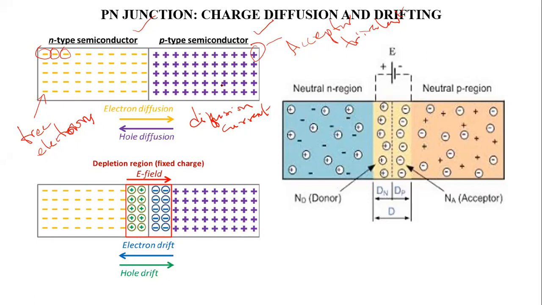Earlier, I very often talked about thermal energy. Under thermal energy, electrons and holes will move randomly in various directions because thermal energy does not have any preferential direction. Heat, we know, is a scalar quantity, so it does not have any preferential direction.